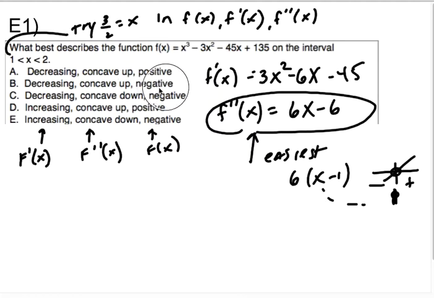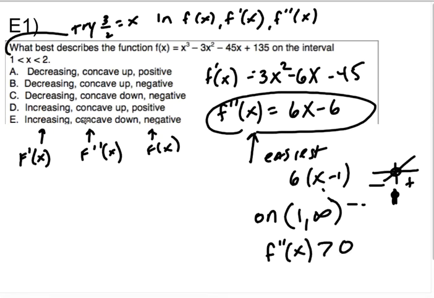Come on, brain. This is the second derivative, so you can cross off answers that have concave down. On the window from 1 to infinity, which would include this window, f double prime of x is positive, which means you can cross off all the concave downs. So now you're down to 3 answers. Unfortunately, those 3 answers all still have negative or positive and increasing and decreasing as an option.